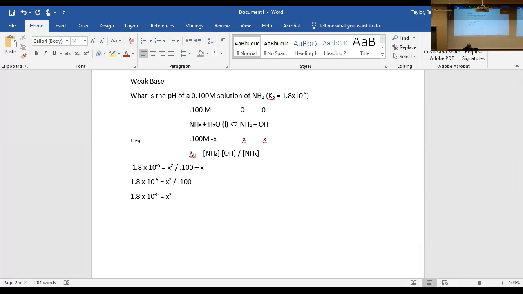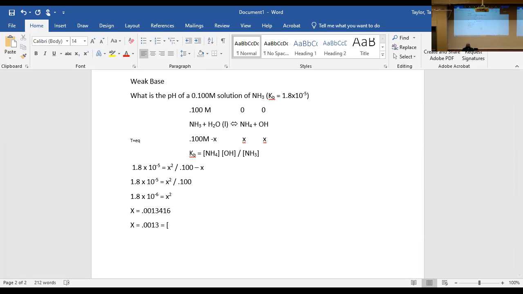So then we're solving for X. X is equal to the square root of that, which is 0.00134116. For sig figs, we have 2, so X equals 0.0013.